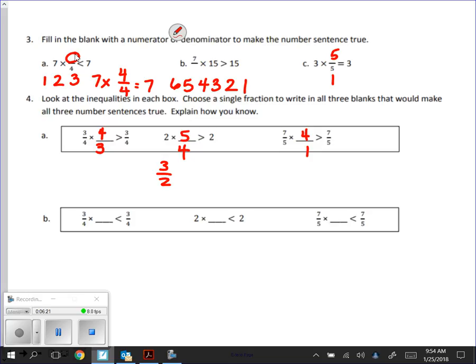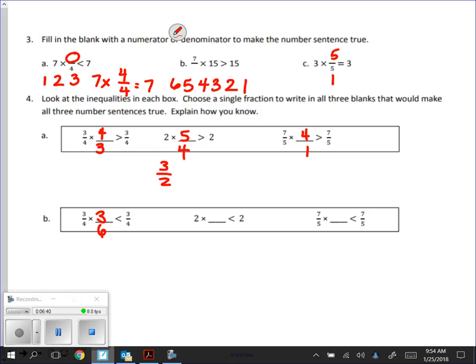Less than 1. Three sixths. Is that less than 1? Yeah.